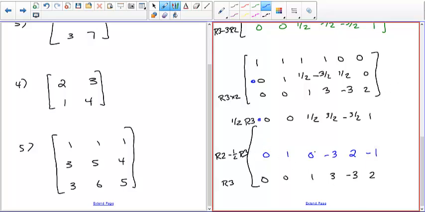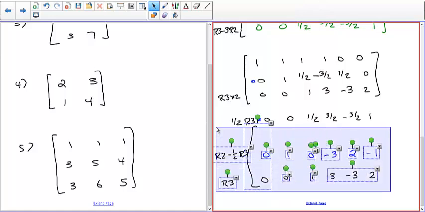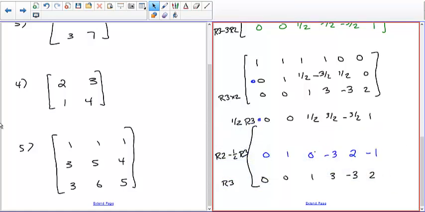And then we're going to do the same kind of thing here. All we have to do here is take row 1 and subtract row 3, because if I subtract this from that, I'll get 0. So we're going to take row 1 minus row 3.